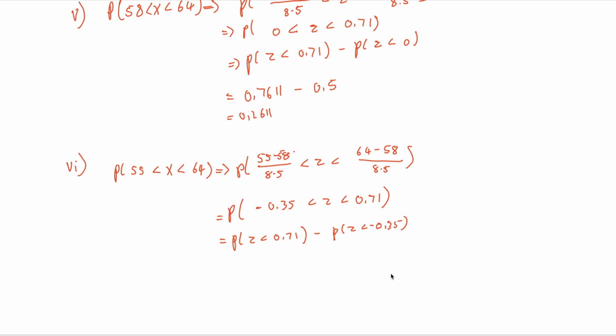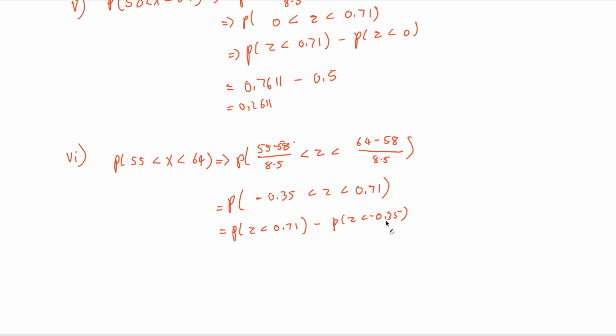Now we just have to put this one in the right format because it's on the negative side. To get this value, you just need to rearrange it using the rules that I showed you in the previous video. If you haven't watched it, just check it out. It's on the same playlist as this one.